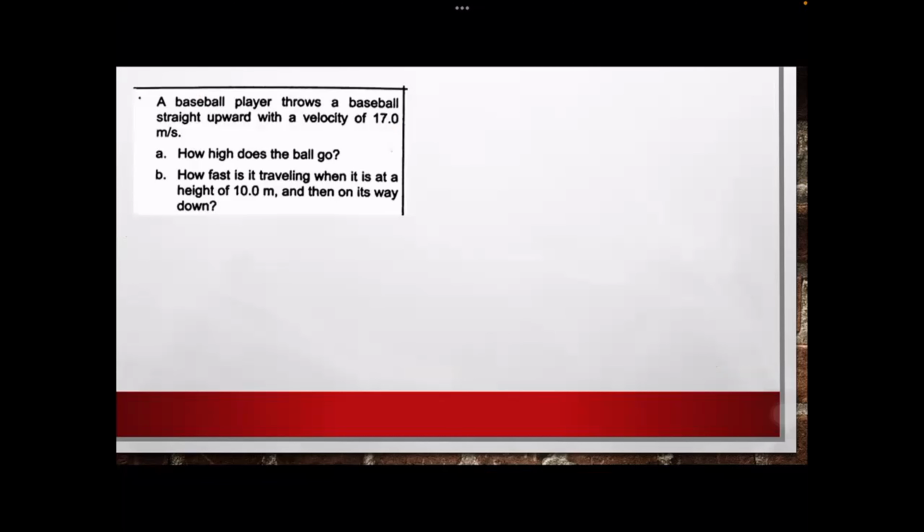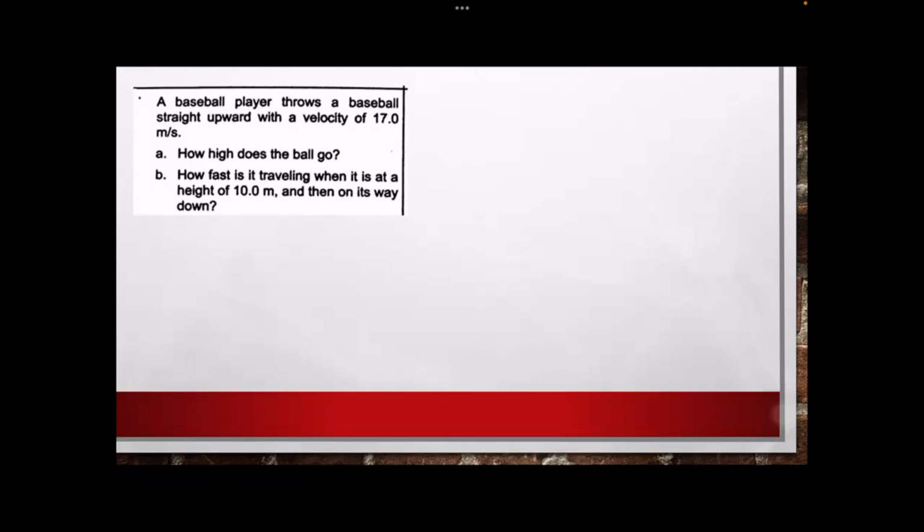Letter B, how fast is it traveling when it is at the height of 10 meter on its way down. So, the given meron tayo dito is the velocity of 17 meter per second. What do you think is this velocity?